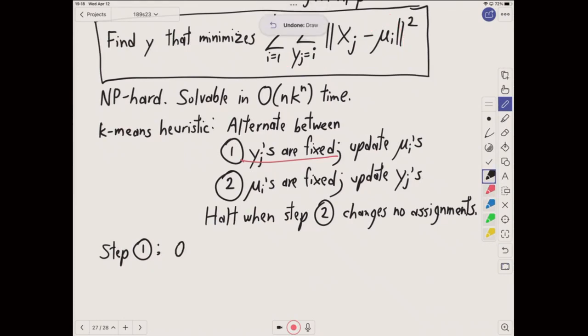You can show by pretty straightforward calculus that the correct answer is to compute the mean of each cluster.